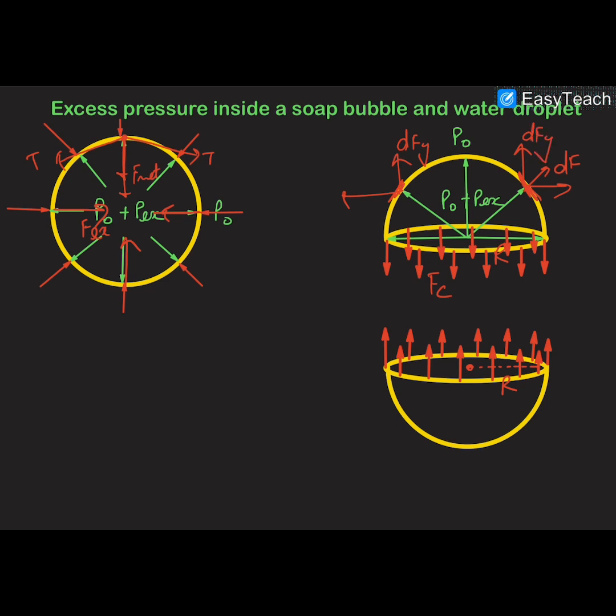So if this area is dA, and this is the dF force which is the force due to excess pressure, and this angle is theta, and this is dx, and this is dy. So the projection of dA along this plane is dy, and the projection along x is dx.